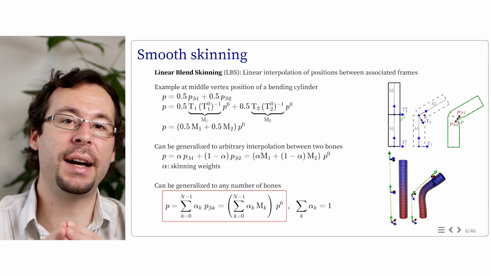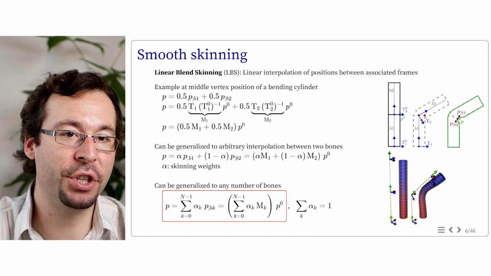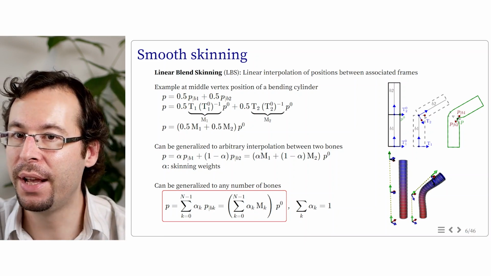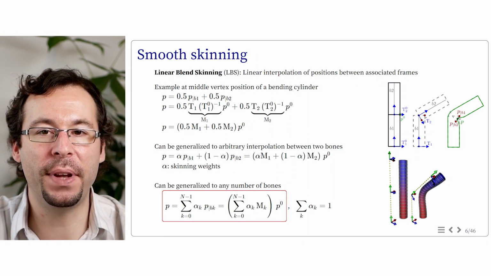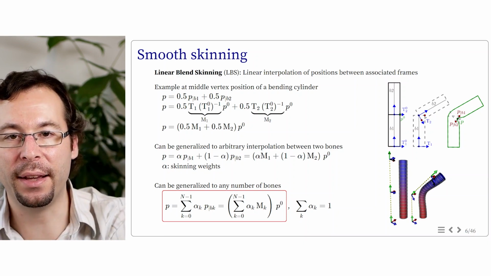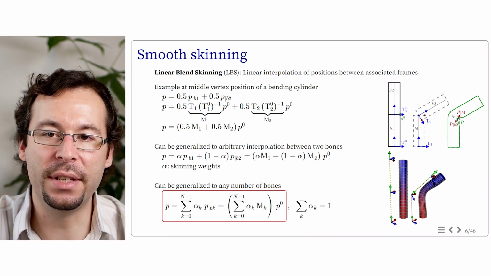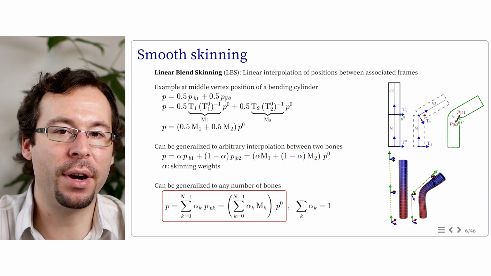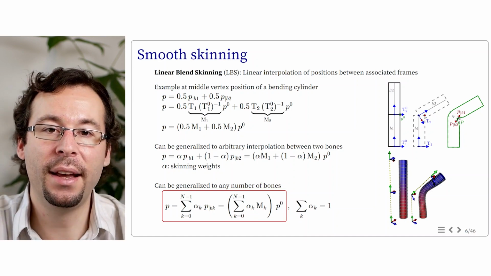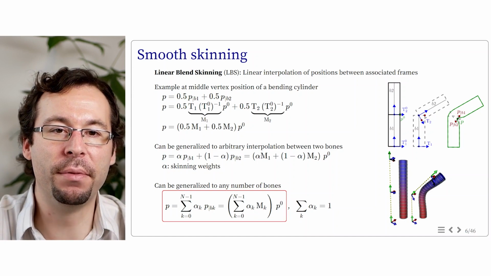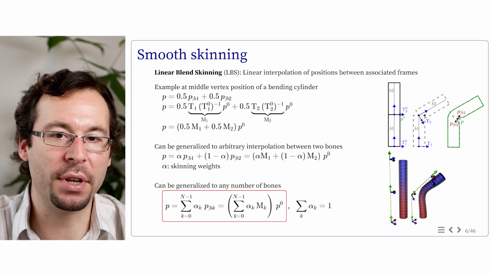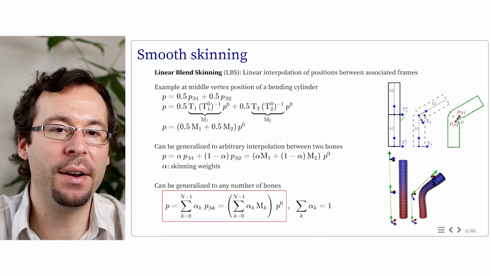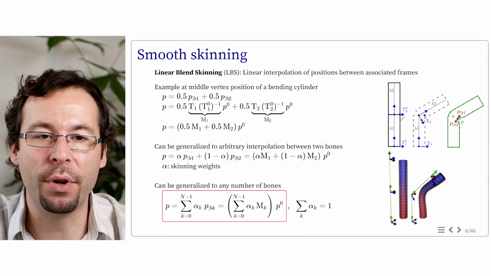We can even generalize more, as we can have shapes with more than two bones, and in this case we call alpha k the dependence of a vertex on the joint k. And the final position is given by P as the sum over all the joints k of alpha k times P with respect to Bk, or in its matrix form, P is equal to the sum over all the joints k of alpha k Mk applied to the point P0.